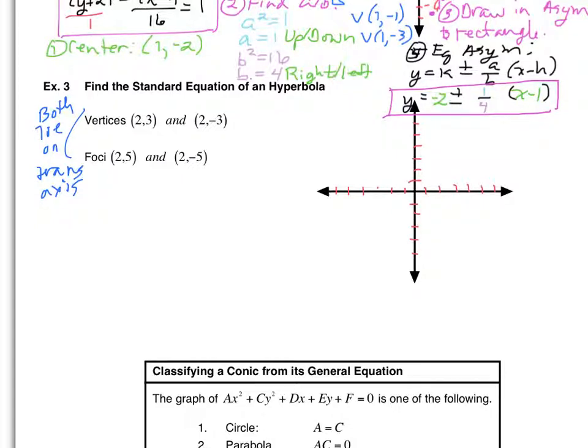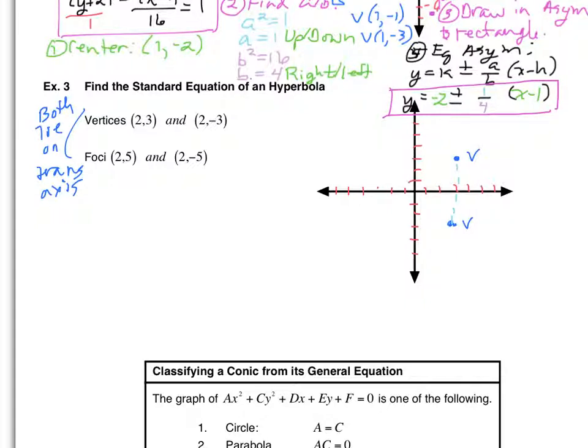So if I plot my vertices of 2, 3, there's 1 vertex, and 2, -3. There's my other vertex. What do I know about the distance here from vertex to vertex?